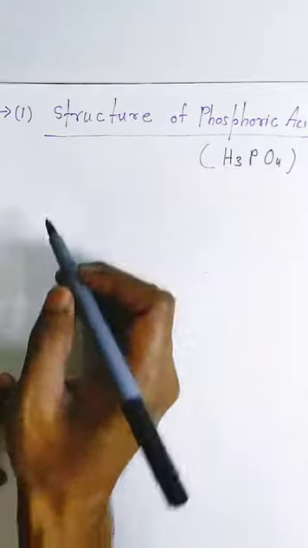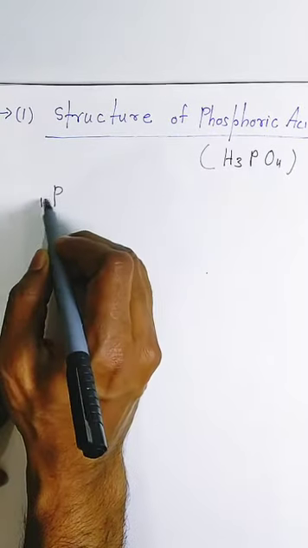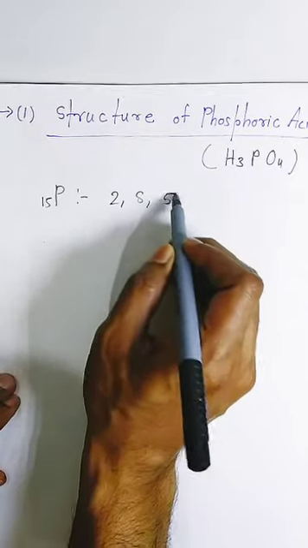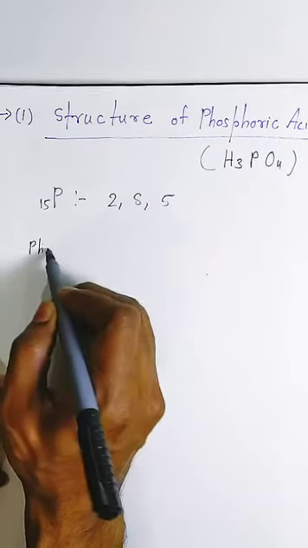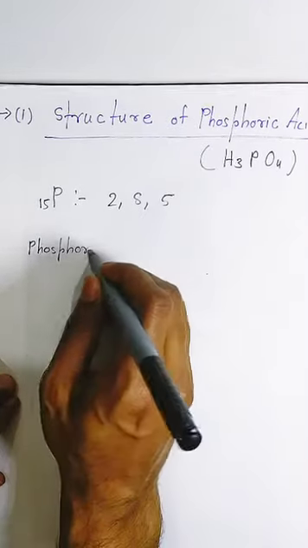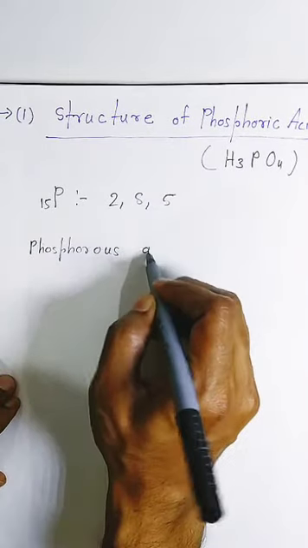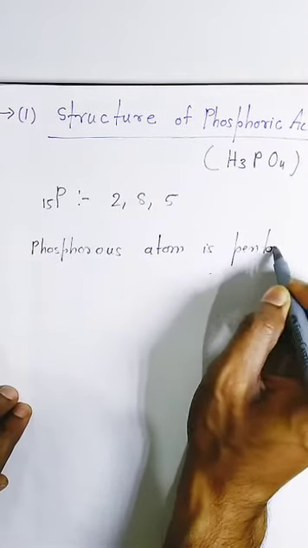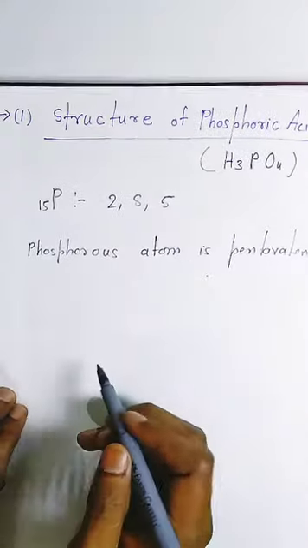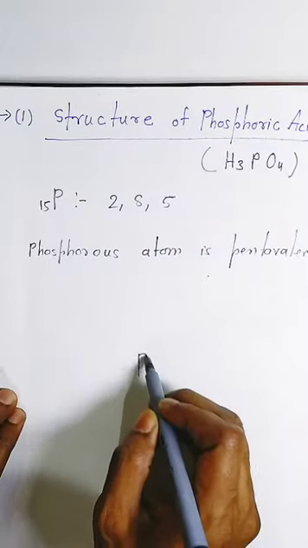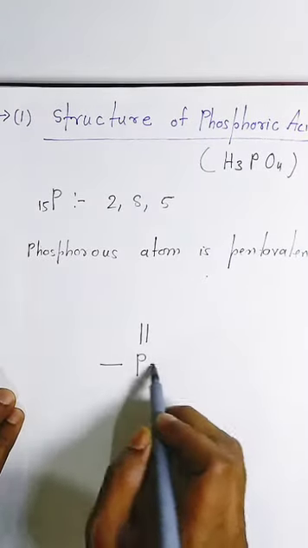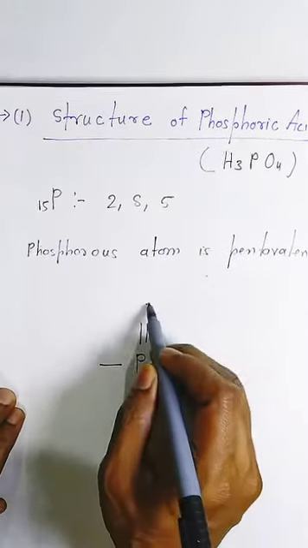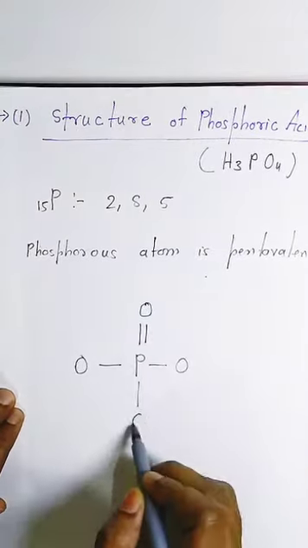The molecular formula is H3PO4. Now when you see, the atomic number of phosphorus is 15. Its electronic configuration will be 2, 8, 5. That means the phosphorus atom is pentavalent. When you draw it, phosphorus will have 5 valencies like this. Because it is O4, all valencies are occupied by oxygen.